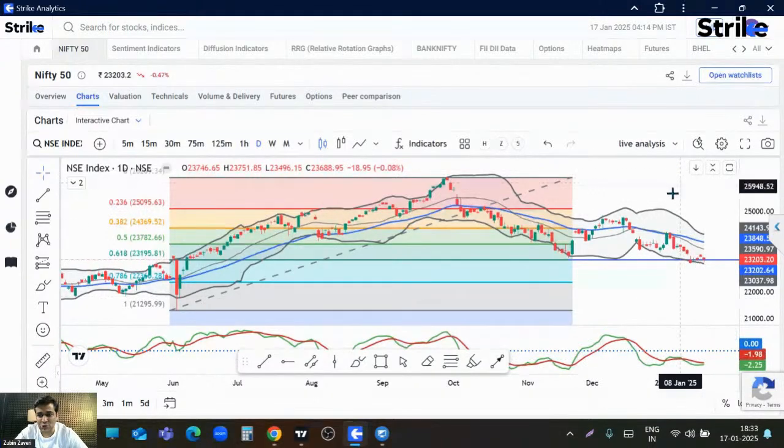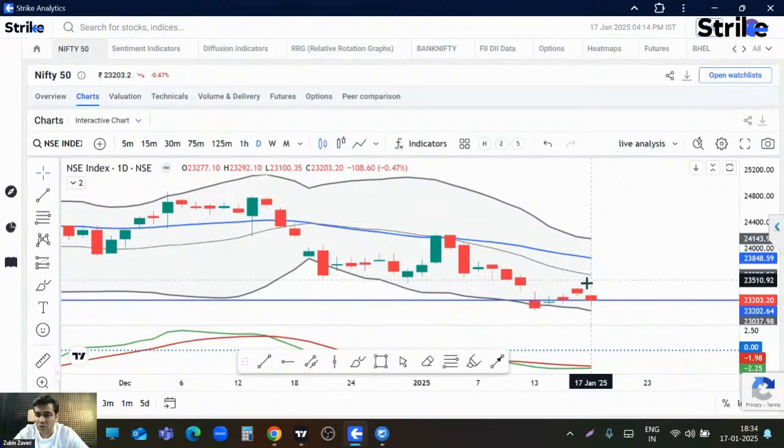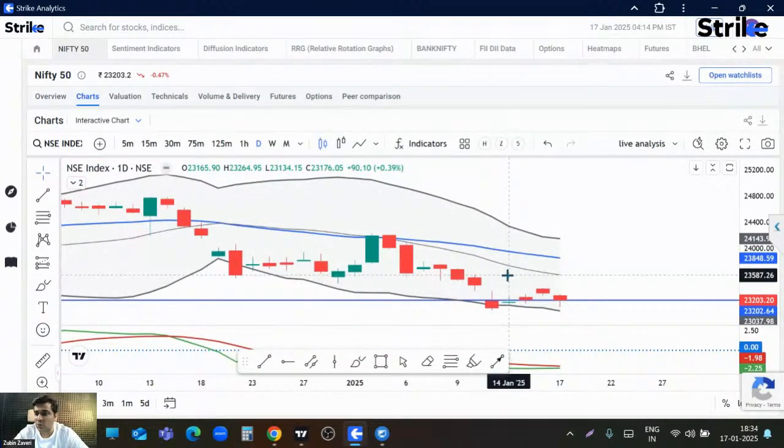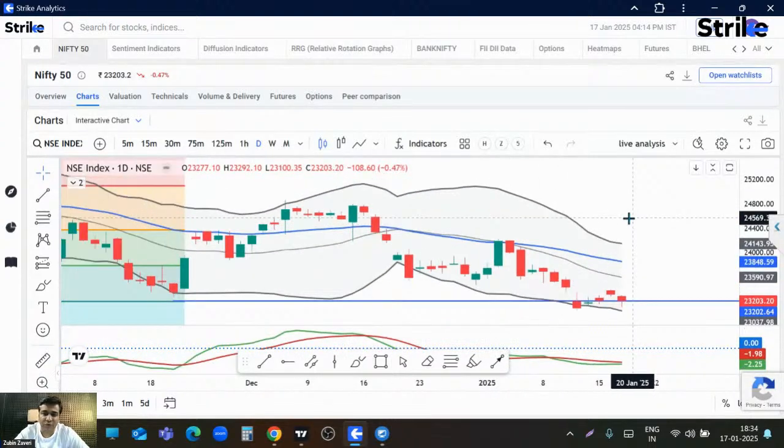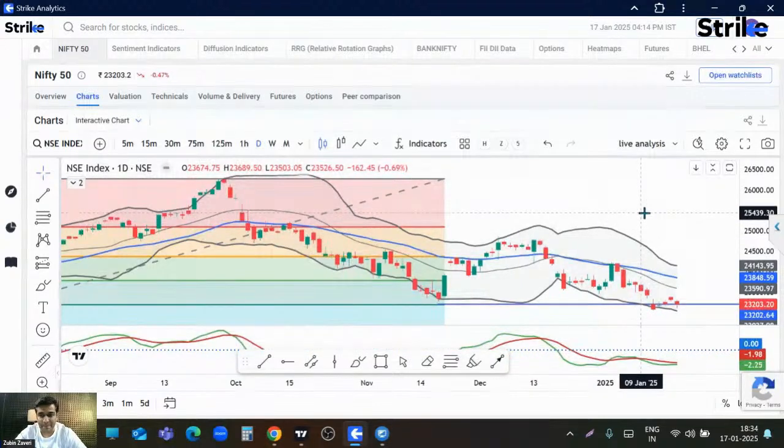All right. So remember, Nifty's immediate support is at 23,200. So 23,000, a round number, will become a strong support for Nifty, and on the higher side, 23,400, 23,450 will act like a resistance level for Nifty.